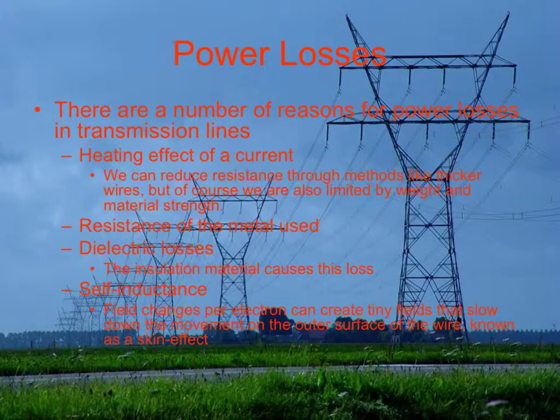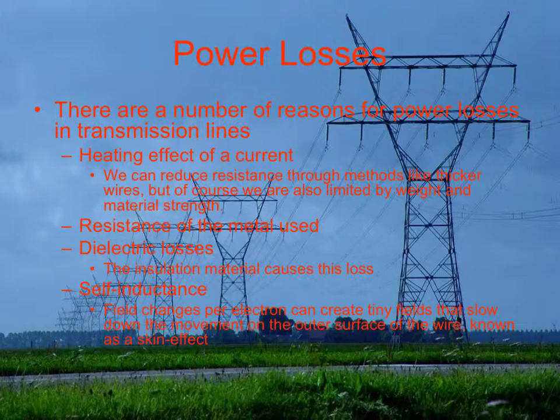There are also losses that are called dielectric losses, and this is where we actually lose energy into the material that's surrounding the metal. Some of the energy actually gets transferred into the insulation. There's nothing you can really do about that.